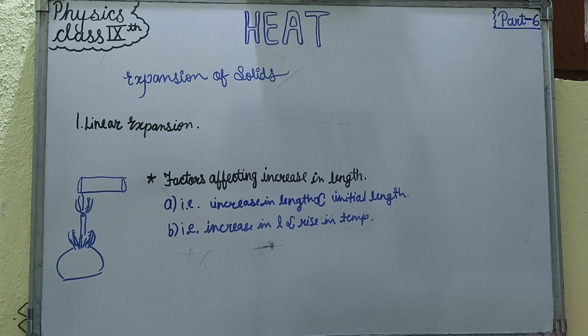Third one is rods of the same length but made of different materials. Now, heat the iron and aluminium rods of the same length through the same rise of temperature. We can observe that expansions are different for different materials.